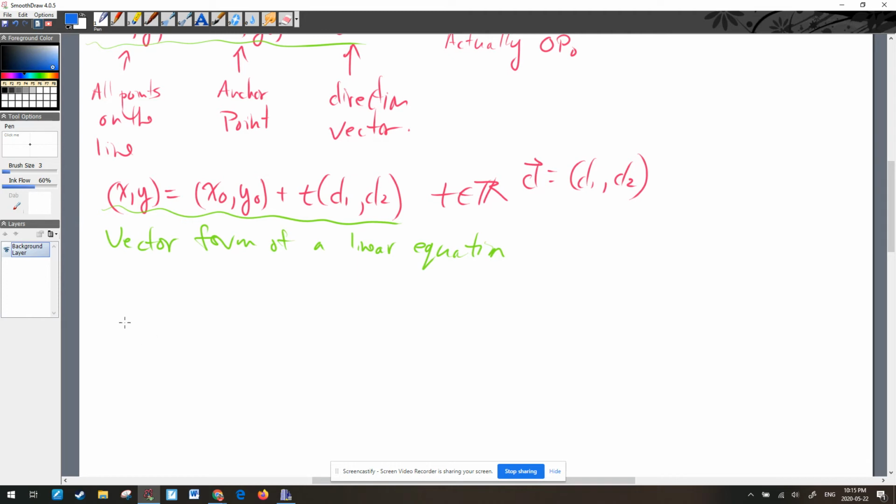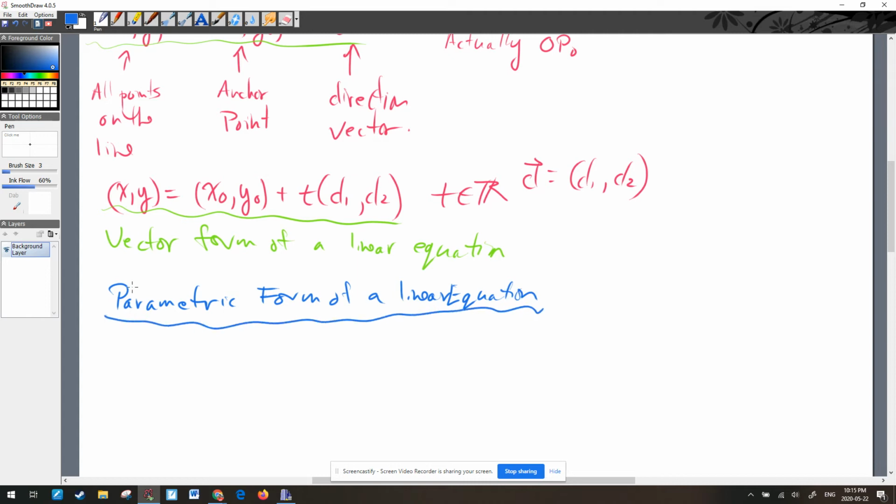So there's another form called the parametric form of a linear equation. So the parametric form of a linear equation is actually pretty cool.